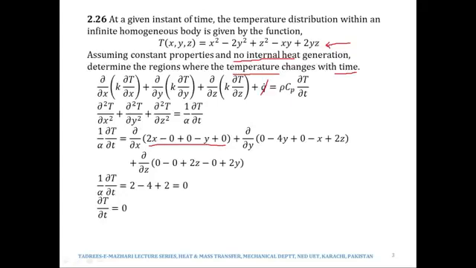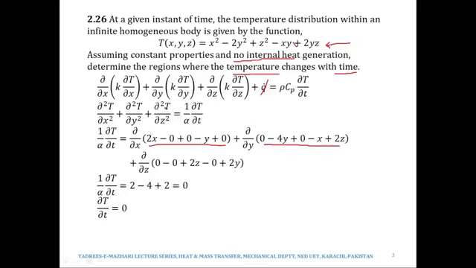For the second term we have to differentiate temperature with respect to y 2 times. If we differentiate the function with respect to y for the first time, it would be 0 minus 4y plus 0 minus x and then plus 2z, which has been written over here.